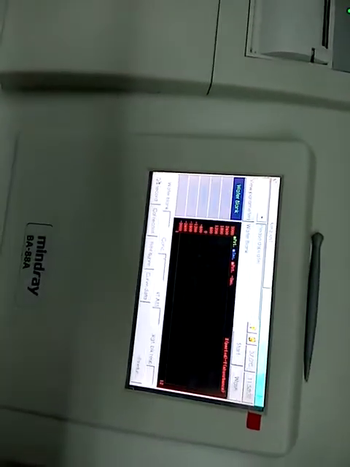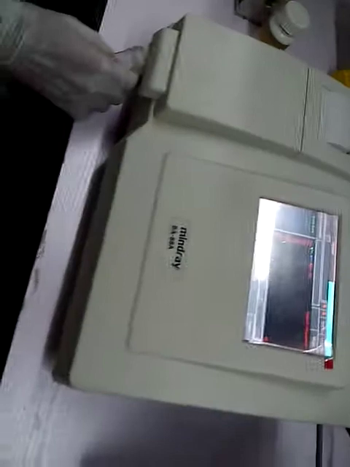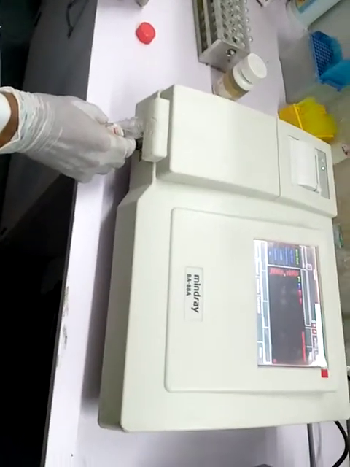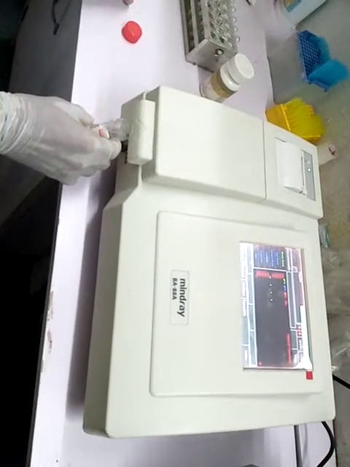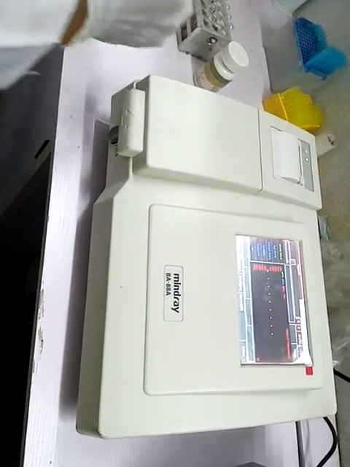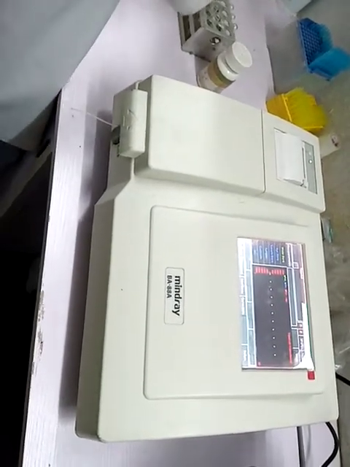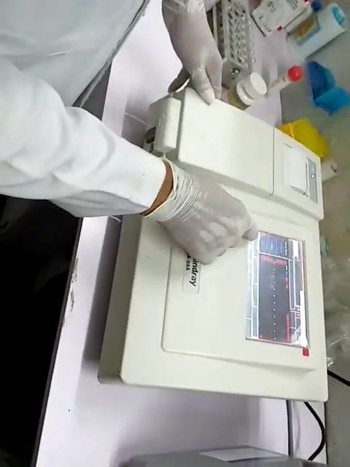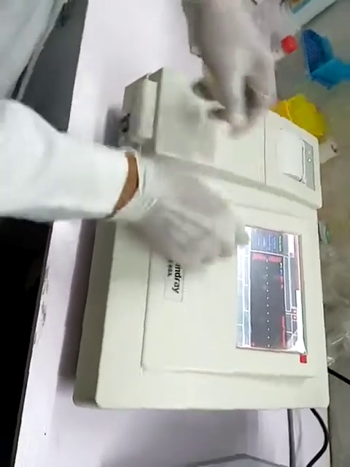Then I will run my water to blank. My concentration for water blank shows 0 milligram per dl.